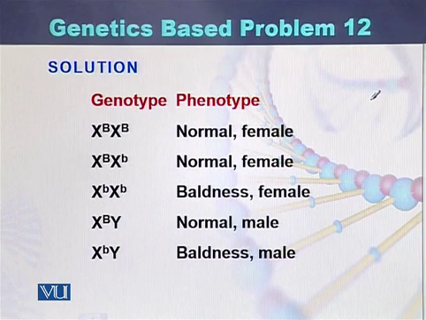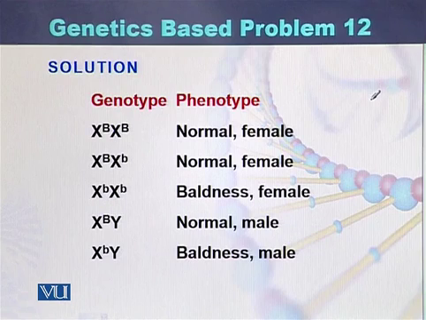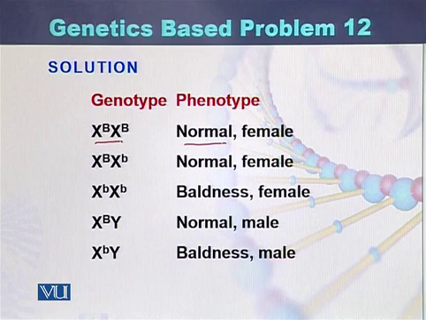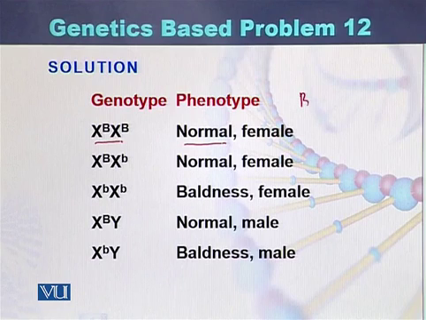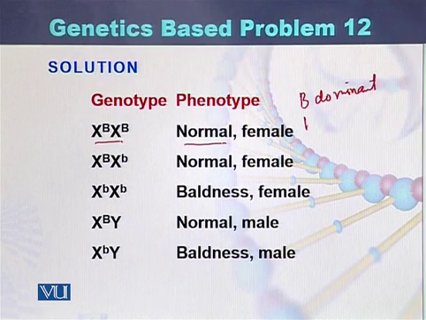So if the female is normal, then both the alleles would be dominant. Capital B is for the dominant allele, while small b is for the recessive allele.